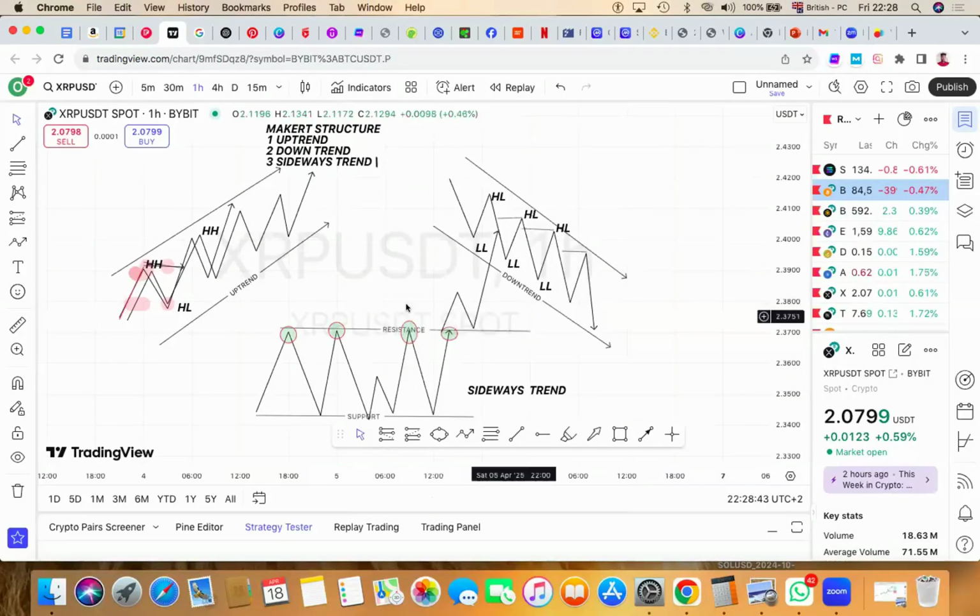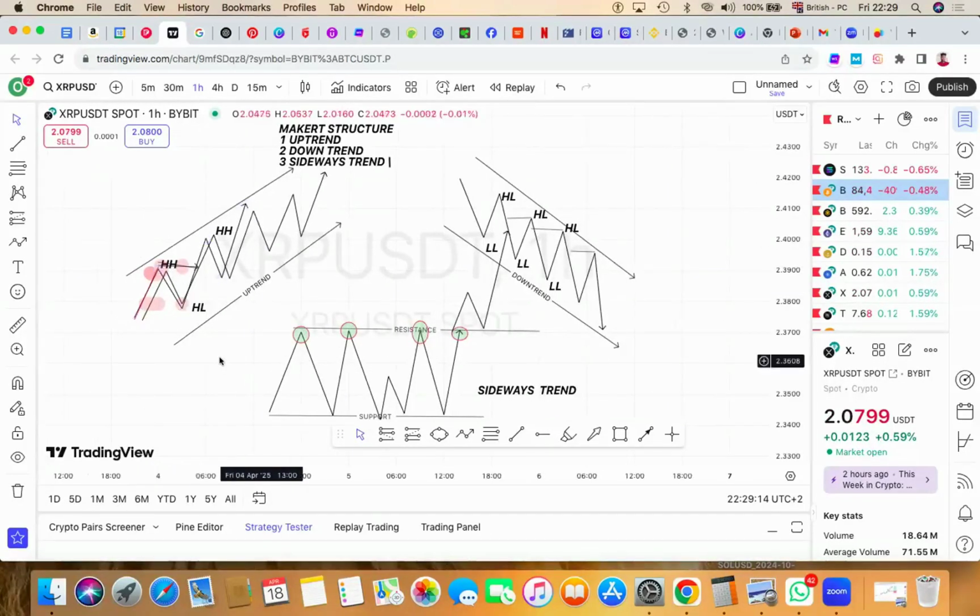So there will be an impulse move to the downside, and for you to have a clear uptrend, there will always be a break of structure to the upside. For a downtrend, you'll always have a break of structure to the downside. And for the sideways trend, there will be equal highs and equal lows in the market.